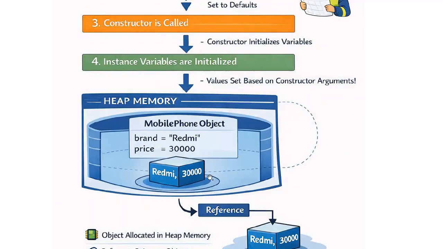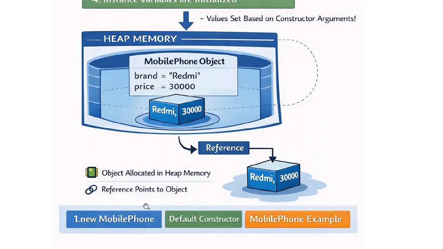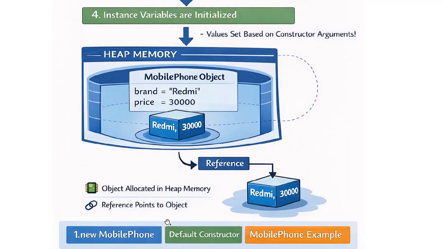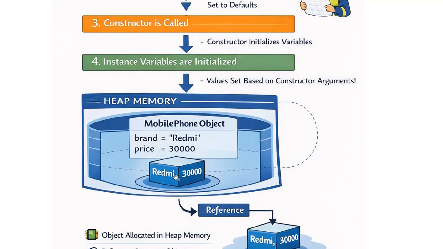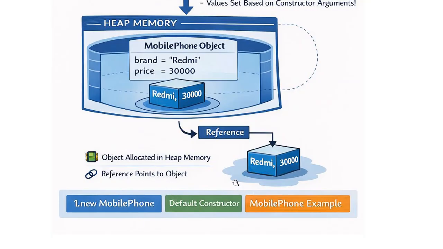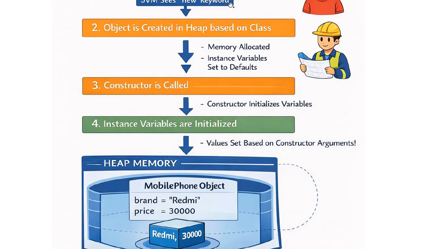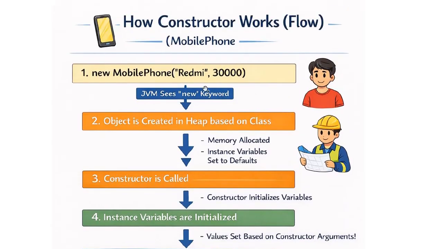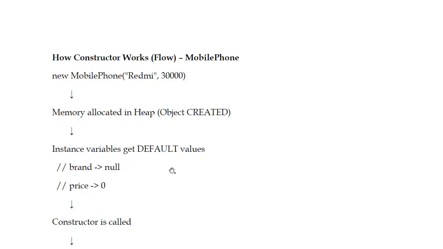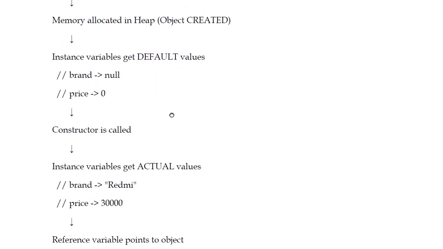So three important things are discussed here. New MobilePhone is the object creation area. Next, Java will provide the default constructor only if a developer is not giving any constructor; otherwise the default constructor will not be created. So we are using the parameterized constructor. I hope this example is clear to you.